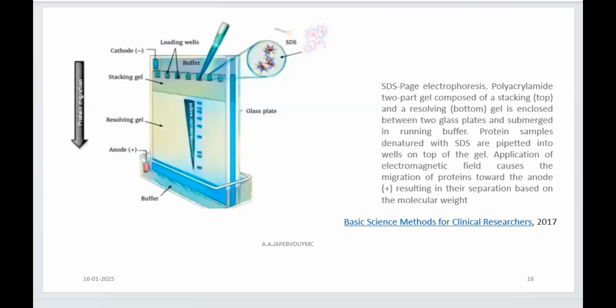So chloride is moving fast, protein-SDS moving a little slower, and glycinate moving even slower. On one side you have chloride ion, on another side you have glycinate, and in between you have your sample, the SDS protein. So it will be like a sandwich, and the concentrated form of the protein will get concentrated in the well, and then it will move.